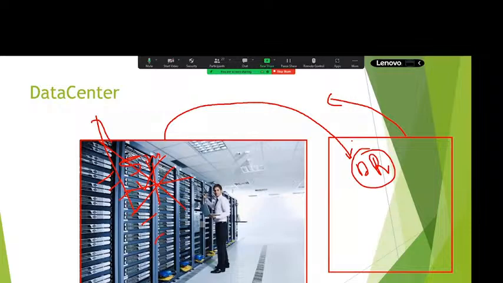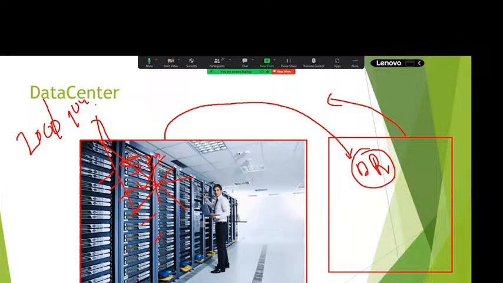You know, right? I think in the year 2000 or 2001, the World Trade Center collapsed in the US. Why were the terrorists targeting the World Trade Center? Because the US economy and all the US financial systems were stored in the data center. That's why they collapsed it.